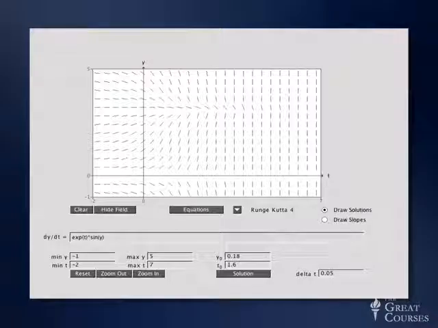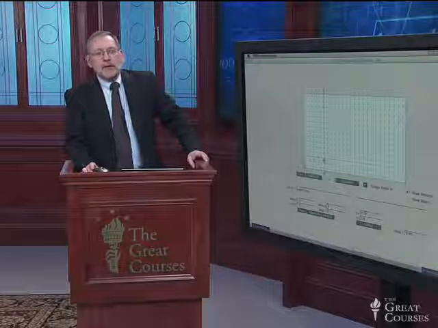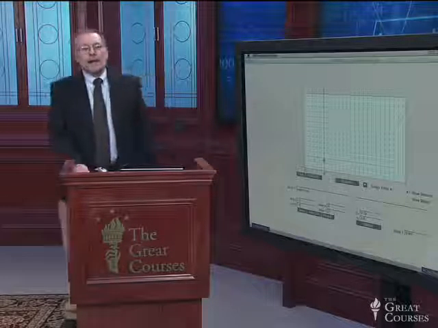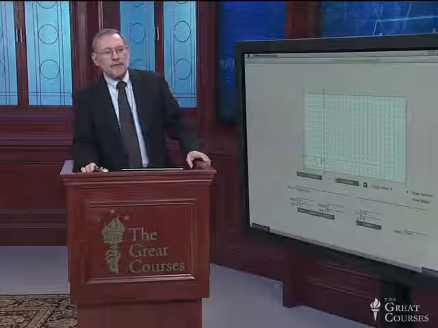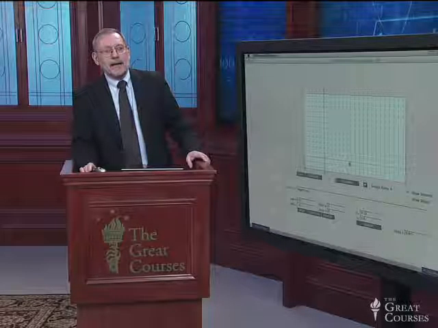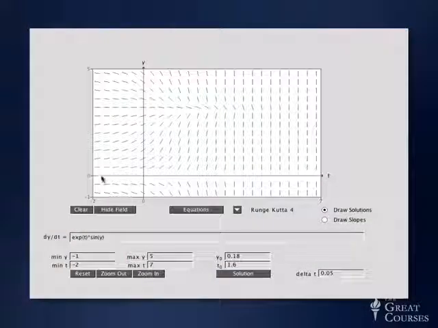But now let's go to the computer and see what happens here. There's the slope field for e to the t sine y. Sine y vanishes at y equals 0. So we have an equilibrium point at y equals 0. Kind of hard to see, but if you look over to the left, you see it.